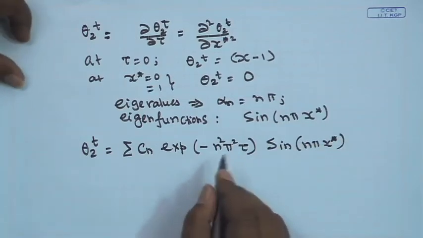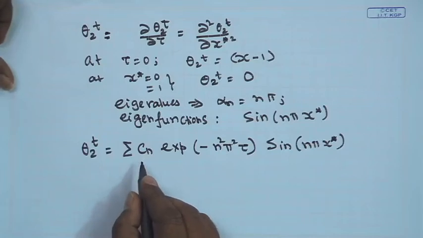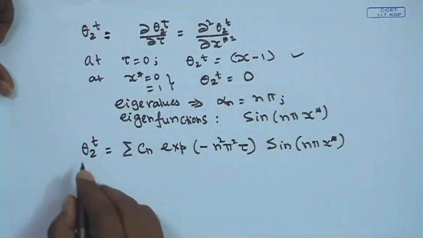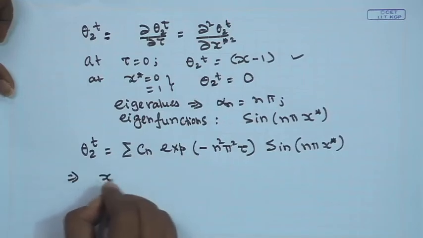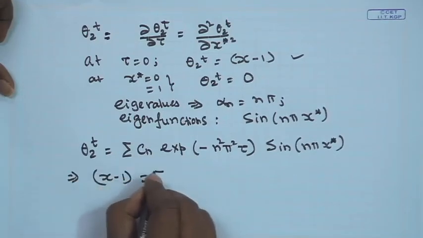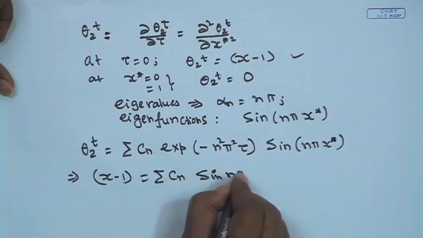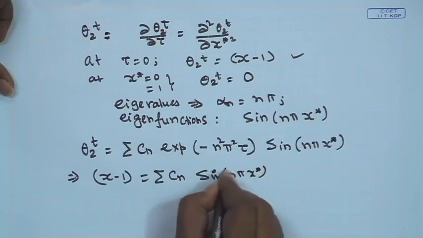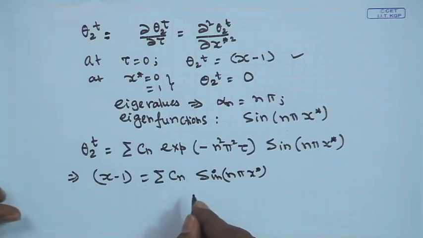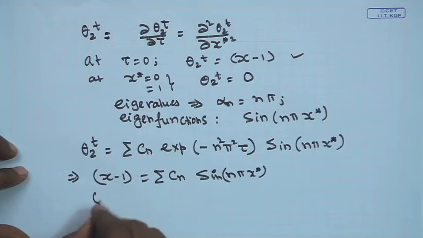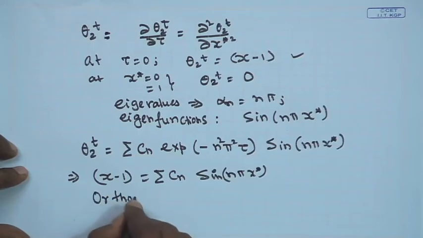This Cn, the constant, has to be evaluated from the non-zero initial condition. That means x minus 1 will be the summation of Cn sine n pi x star, and we will evaluate it by using the orthogonal property of the sine functions, or eigenfunctions.